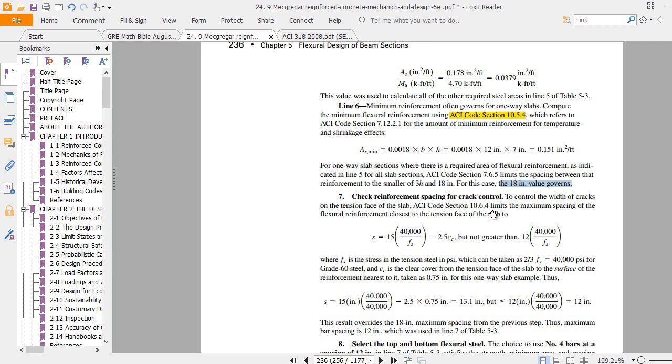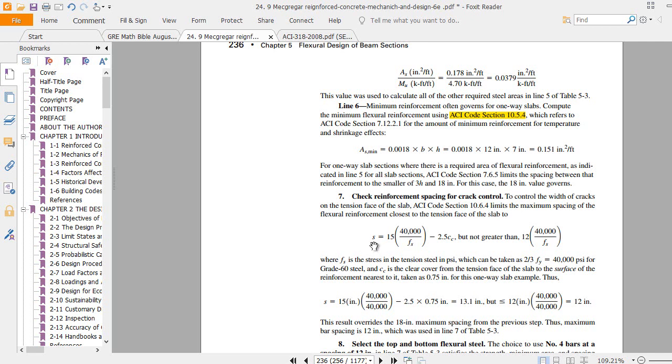Now the next spacing is for crack control, ACI code 10.6.4. Remember, there are two criteria. One criterion is ACI code 7.6.5, but at the same time there is criterion 10.6.4, and we have to fulfill this one as well.